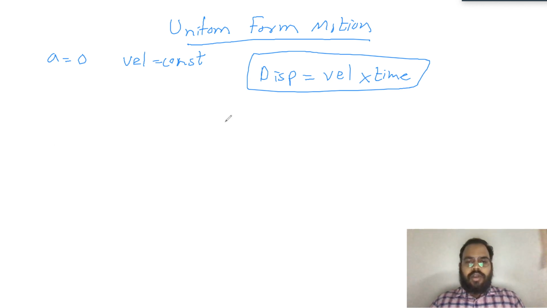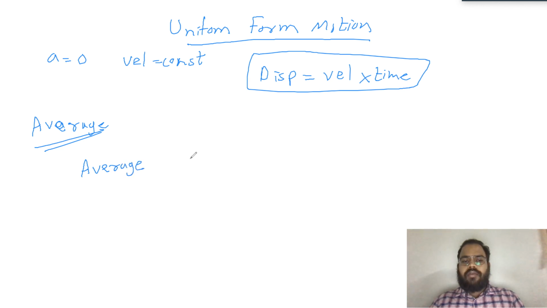Before solving those sums, let's understand what average is. If I want the average of x over y, there are 2 terms in average.